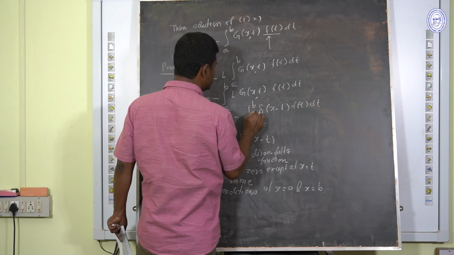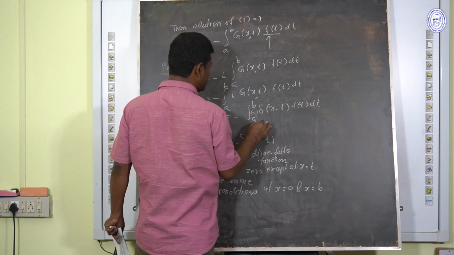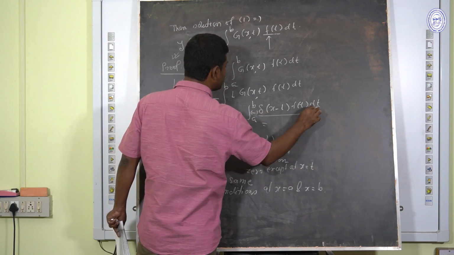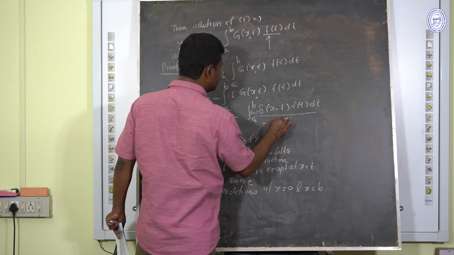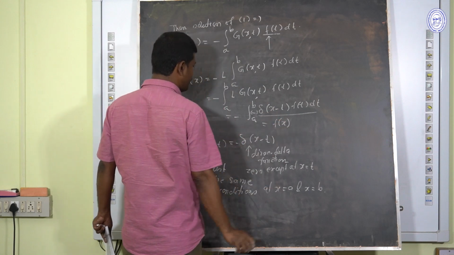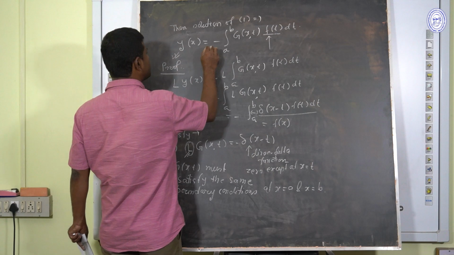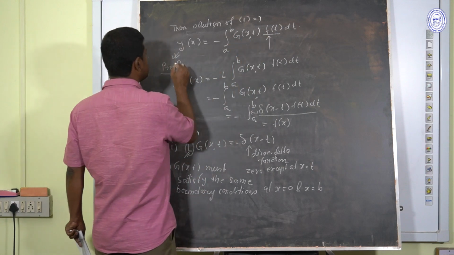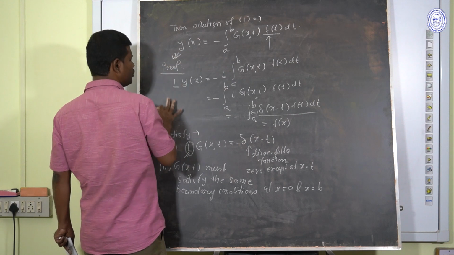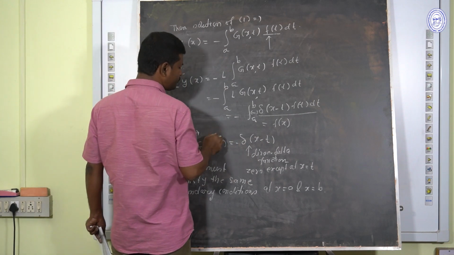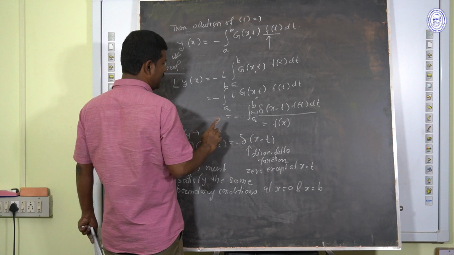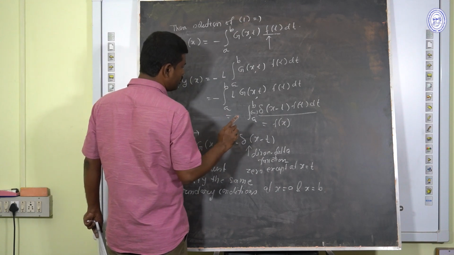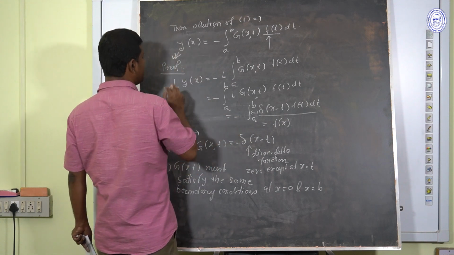So minus minus is plus, and according to the definition of the delta function, this will be equal to f of x. So y of x equal to minus integral from a to b of G of x comma t f of t dt is the solution of the non-homogeneous differential equation L y of x equal to f of x, which was denoted by 1.